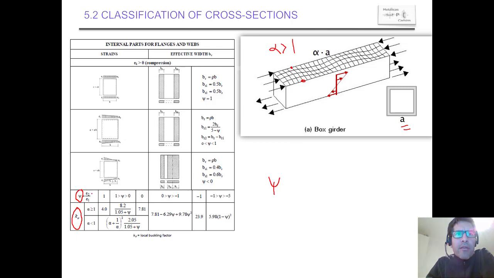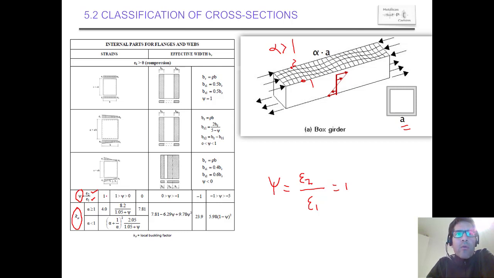Here they define deformation at the borders as epsilon 2 and epsilon 1. Let's say this is 2 and this is 1. Both are identical, so the ratio between epsilon 2 and epsilon 1 equals 1, because since they are compressed symmetrically, they will be exactly the same.